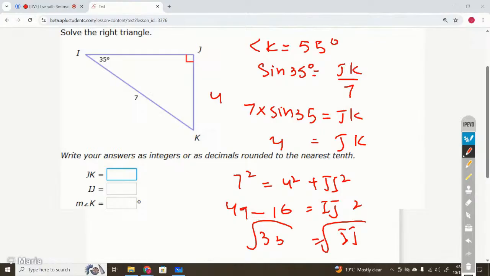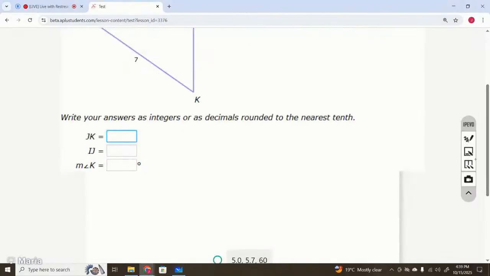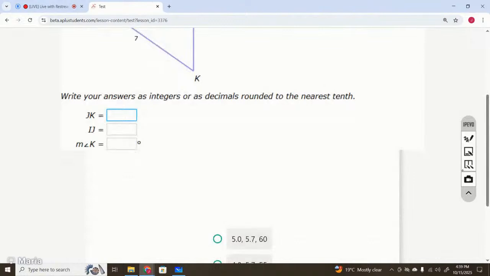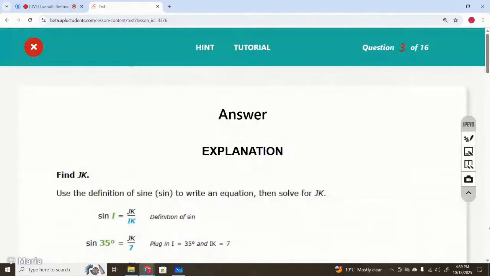That is 5.7. So IJ equals 5.7. So option number 1, 5, 5.7, and 60. Sorry, 55. Option 2 is the correct option: 4, 5.7, and 55. Okay, you can complete the lesson by yourself later today.